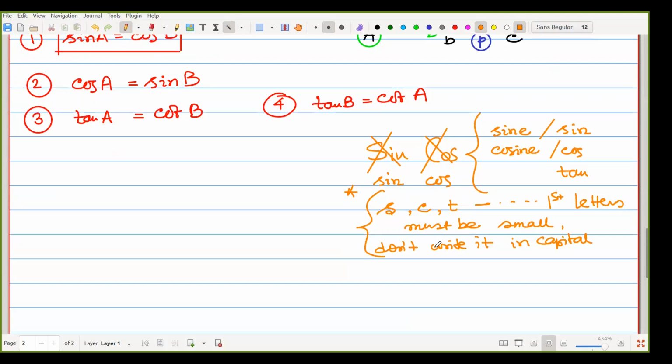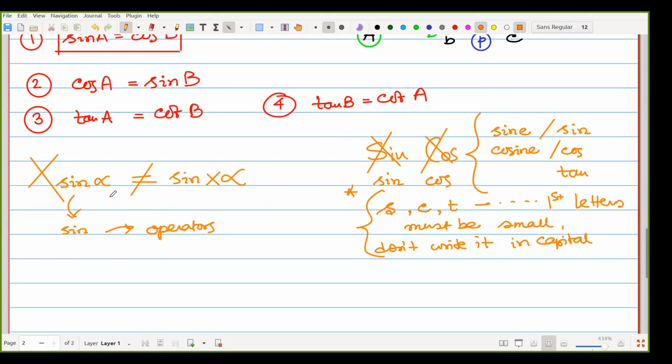Next, we have to remember sin alpha does not mean sin into alpha. Sin, cos, all are operators. The angle of reference is working on that particular operator.